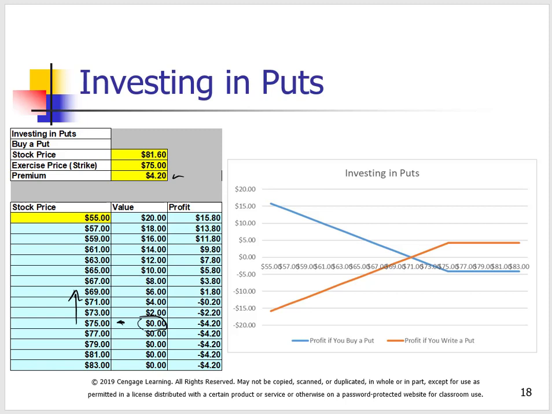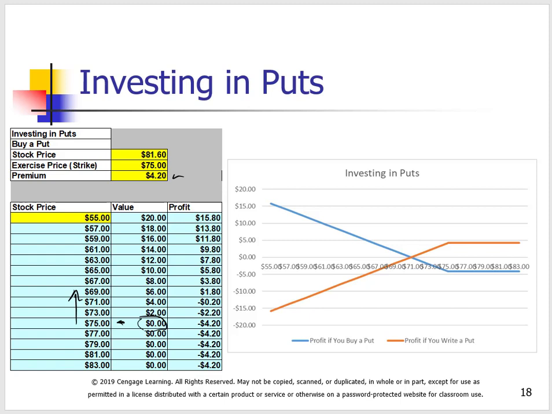So that means you'll start making profit. And of course, until the stock price gets to zero, you see here, there's zero value here, zero profit here. You start to make money here, but eventually if it goes to zero, you would have the maximum value or profit that you could make.